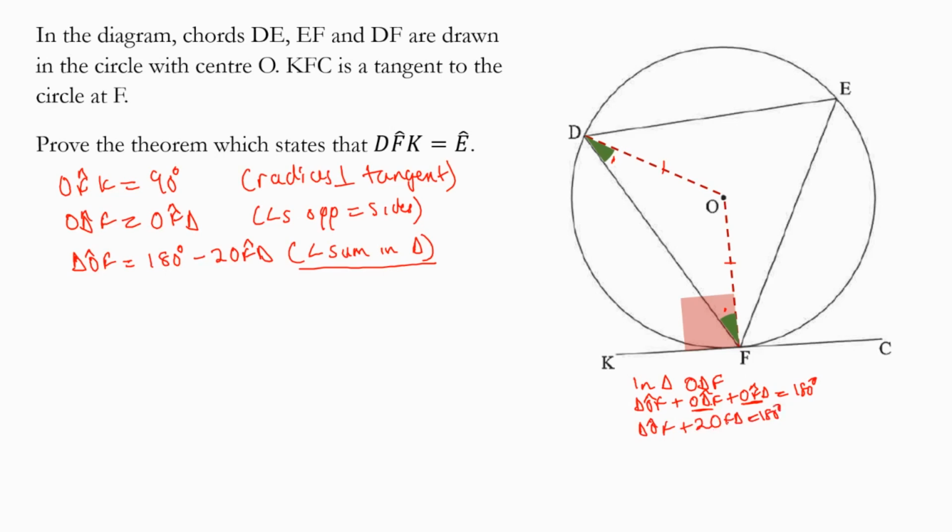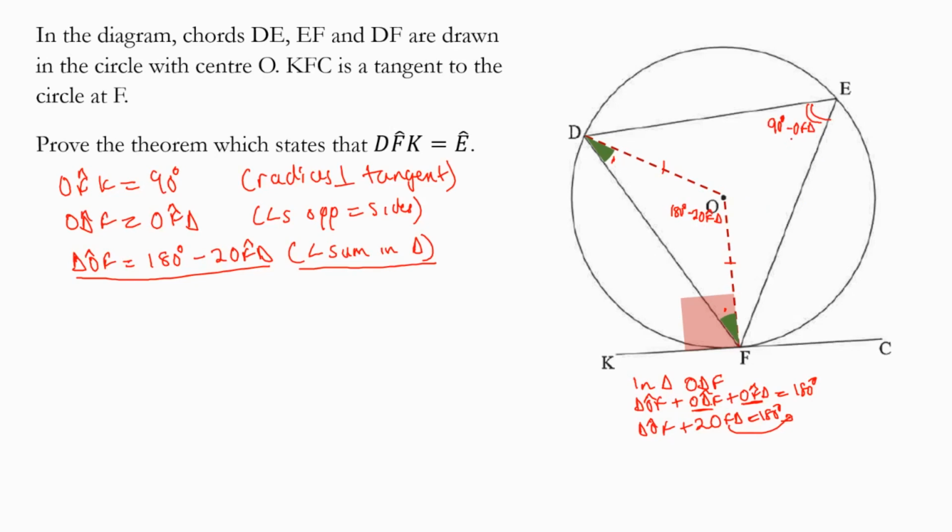Then you transpose this. It becomes this. So now angle DOF is equal to 180 degrees minus 2 times angle OFD. And then what will be this angle here?